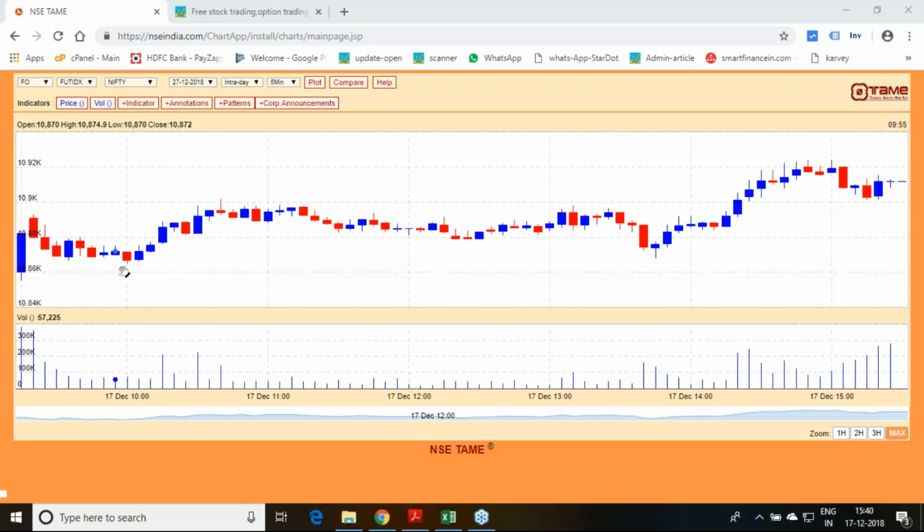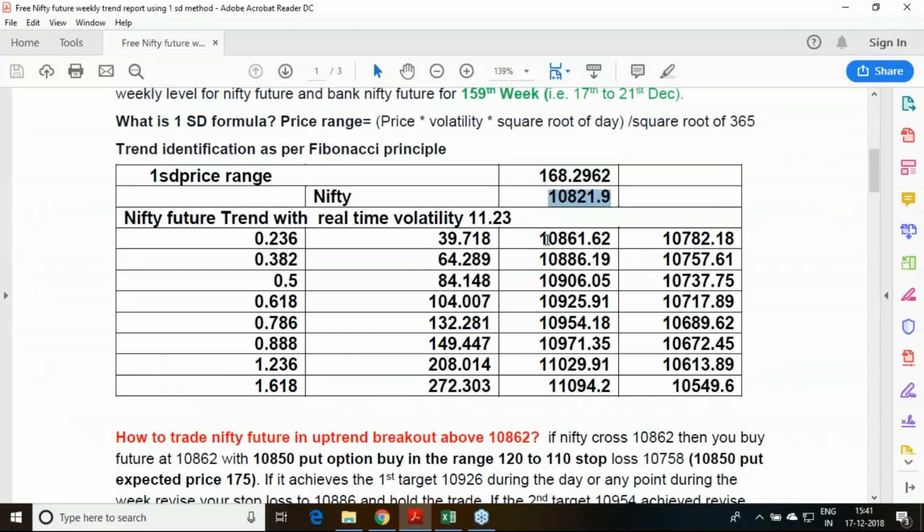So it gave plenty of time from 9:25 to around 10 o'clock and odd at the 10,862 level.